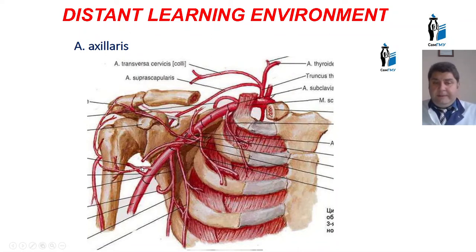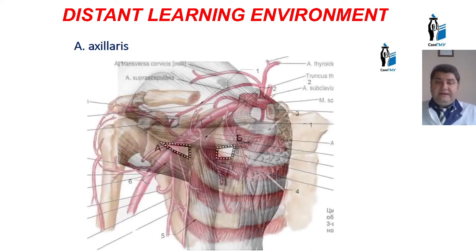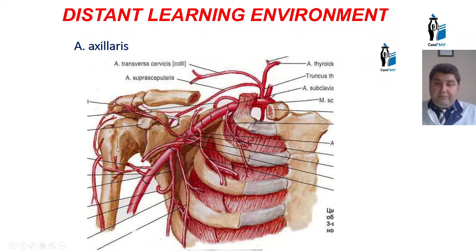You may see anterior and posterior circumflex humeral arteries, and also you must know that posterior circumflex humeral artery passes through the quadrangular foramen to the posterior side of axillary region, and it forms the arterial plexus over the surgical neck, and also it gives branches for shoulder joint and the muscles which cover this joint, for example, deltoid muscle, and also it forms the anastomosis.